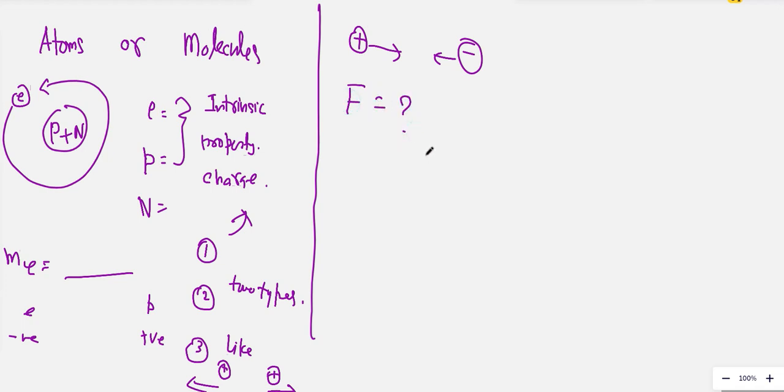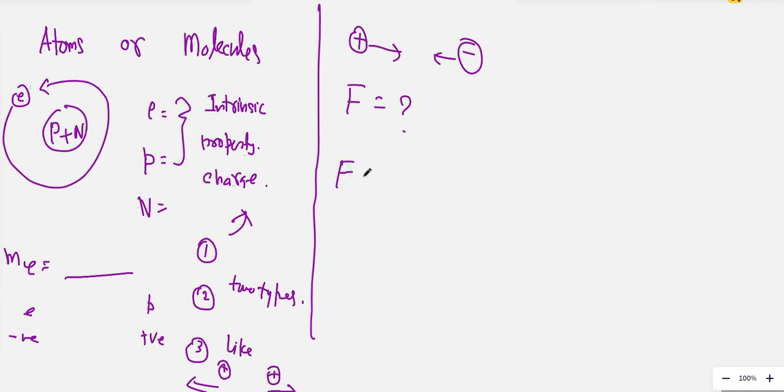What is the amount of force? So for finding the amount of force, the scientist Coulomb formed a law which is called Coulomb's law. He formed it using a torsion balance or the torsion apparatus.